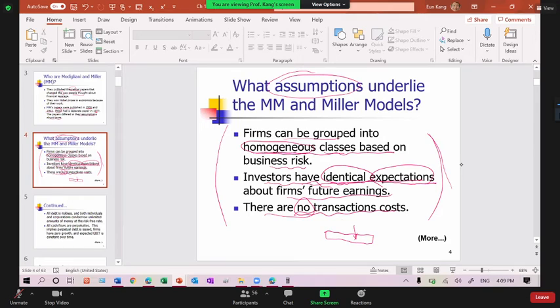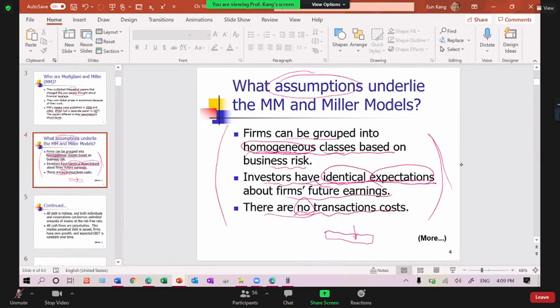And another benefit is, after this paper, people started to analyze, if we allow heterogeneous rather than homogeneous, what happens?